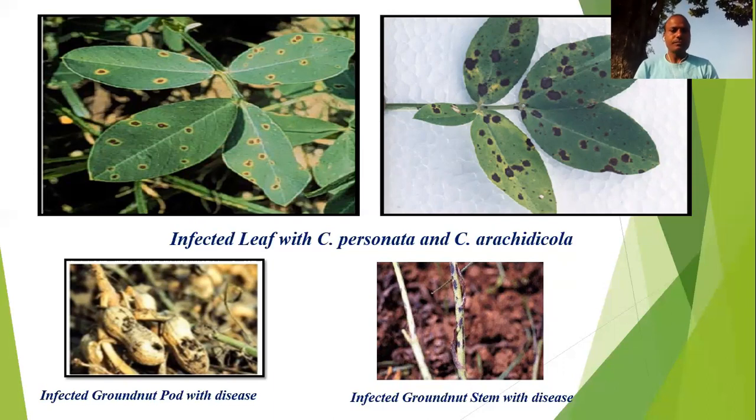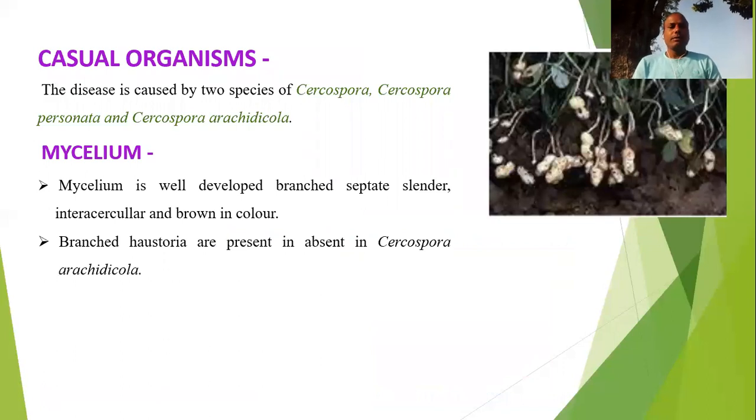Now, dear students, about the causal organism: the disease is caused by the fungi Cercospora personata and Cercospora arachidicola. These are the two types of spots which are called Tikka disease of groundnut. Tikka disease is also known as leaf spot disease. The mycelium is well developed, branched, septate, cylindrical, intercellular, and brown in color.